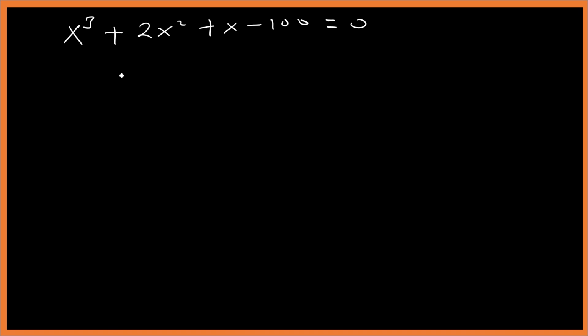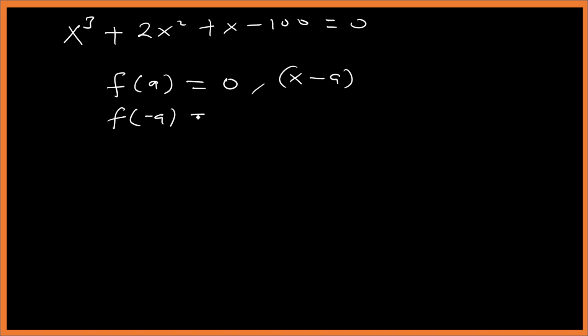Now if f of a equals to 0, x minus a is a factor of the polynomial. If f of minus a equals to 0, x plus a is a factor.